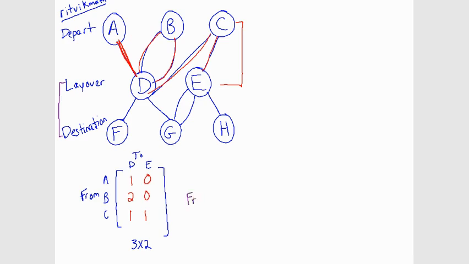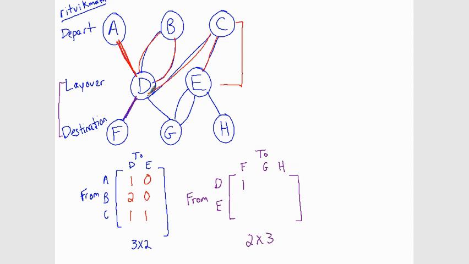Well, if I'm going based off my layover flights, D and E would be where this comes in. Okay, and then I'm going to F, G, and H. And now this would be a 2 by 3 matrix. Okay, so D and E, so going from D to F has just 1 way.